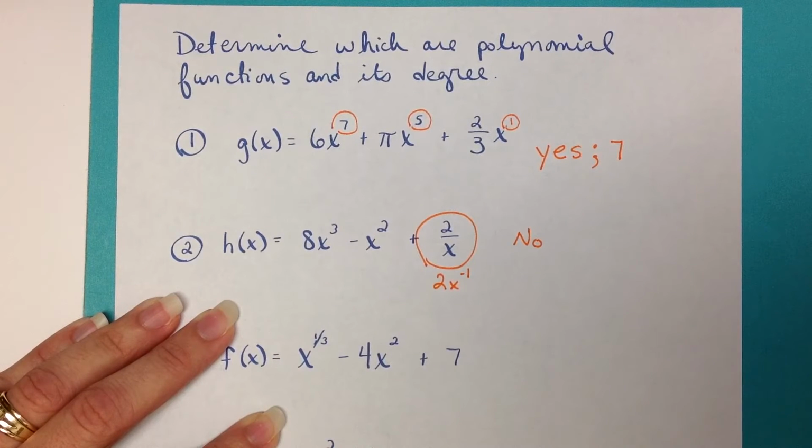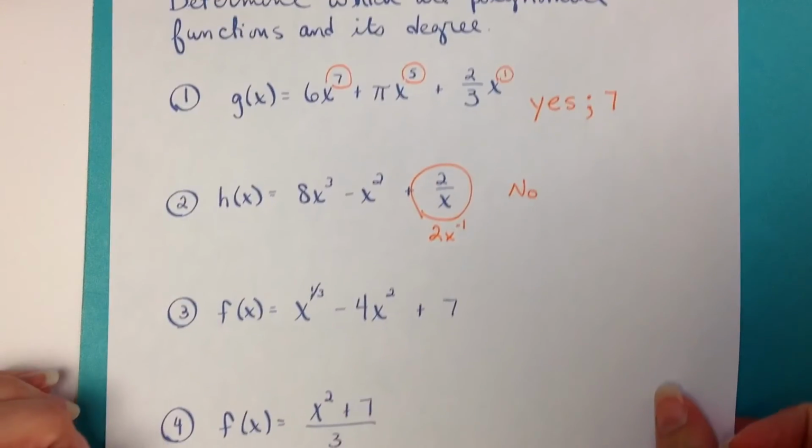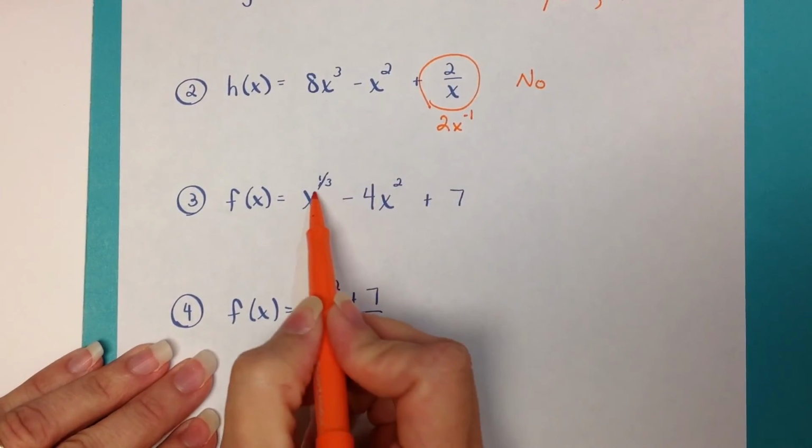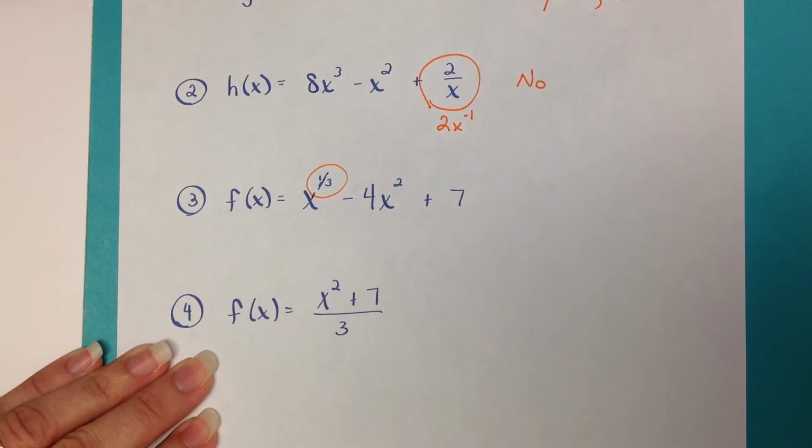Dead giveaway, it's not a polynomial. So if it's not a polynomial, it's not going to have a degree. All right, the next one, the problem with number 3 is that being to the 1/3 power. Again, going back to the fact that your exponents have to be non-negative integers. 1/3 is not an integer, so this is no.